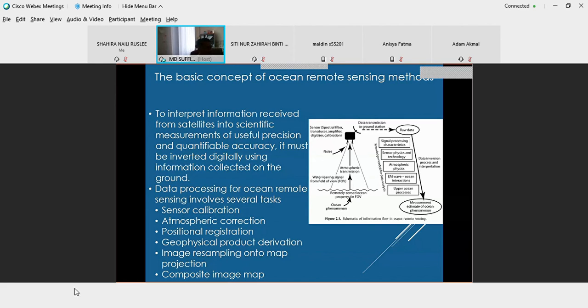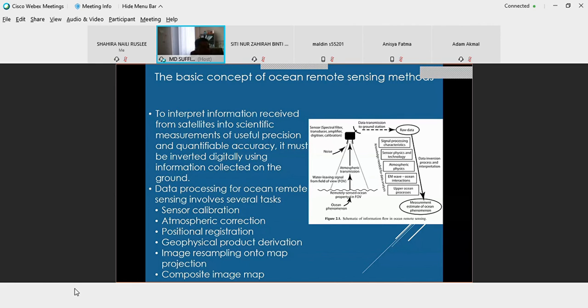So to interpret information received from satellite into scientific measurement of useful precision and quantifiable accuracy, it must be inverted digitally using information collected on the ground. So satellite data dibagi data dalam unit, okay, reflectant, okay, light intensity, okay. So dalam unit watts per meter square. So data-data ni kemudiannya, okay, you convert dalam bentuk concentration. So you nak convert dalam bentuk concentration, you kena buat calibration, okay, you kena buat verification.